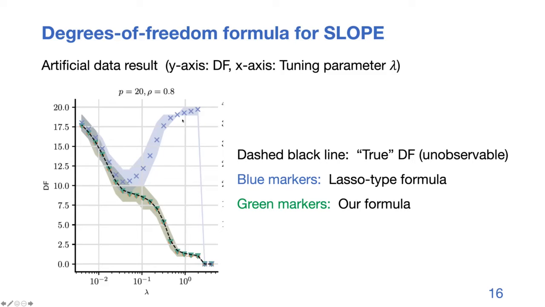Oh, I forgot to explain that the dashed black line is the true degrees of freedom. The point is that we cannot observe it in practice because the true degrees of freedom requires the true value of the parameter, right? And on the other hand, our formula plotted as green markers seems to estimate the true degrees of freedom correctly. Okay.